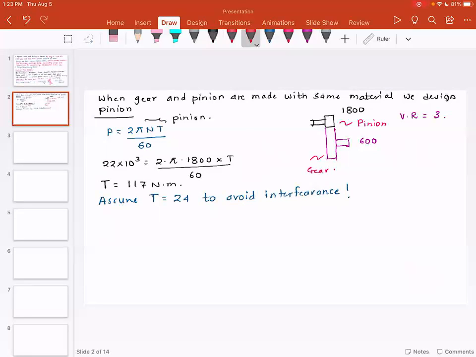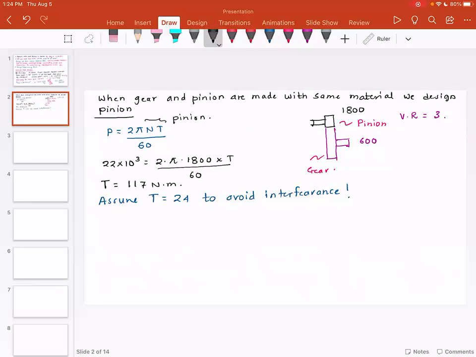Many a time, if the design constraints are not given to us, you can look at the design data book and find the appropriate number of teeth. I'm just going to start with 24, and my argument is that if I were to go any less than that, the possibility of interference is high, especially since we are using the involute profile.